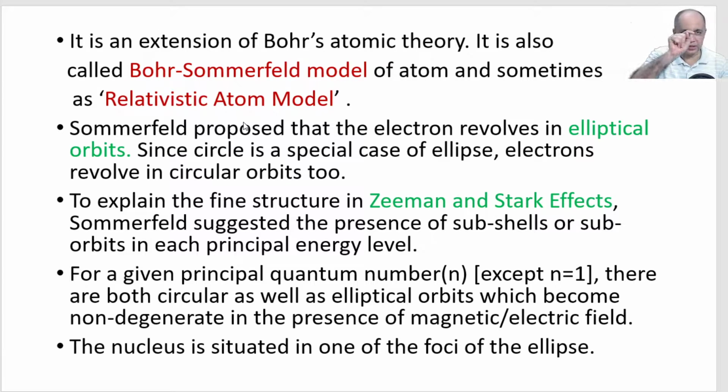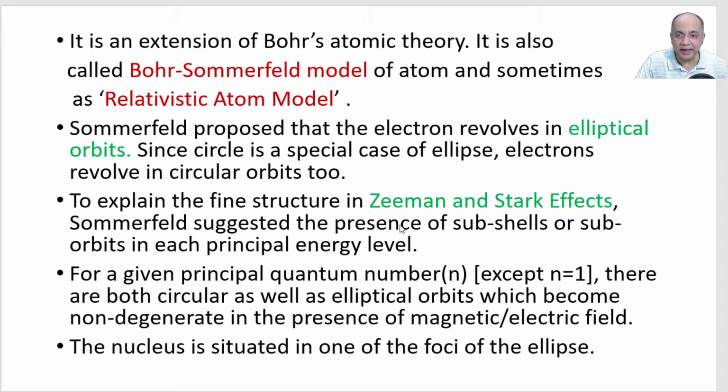There are 2 foci, plural is foci, and at one focus of the ellipse, nucleus is situated, right? Since circle is a special case of ellipse, electrons can also revolve in circular orbits. So, there are circular orbits as well as elliptical orbits, both.